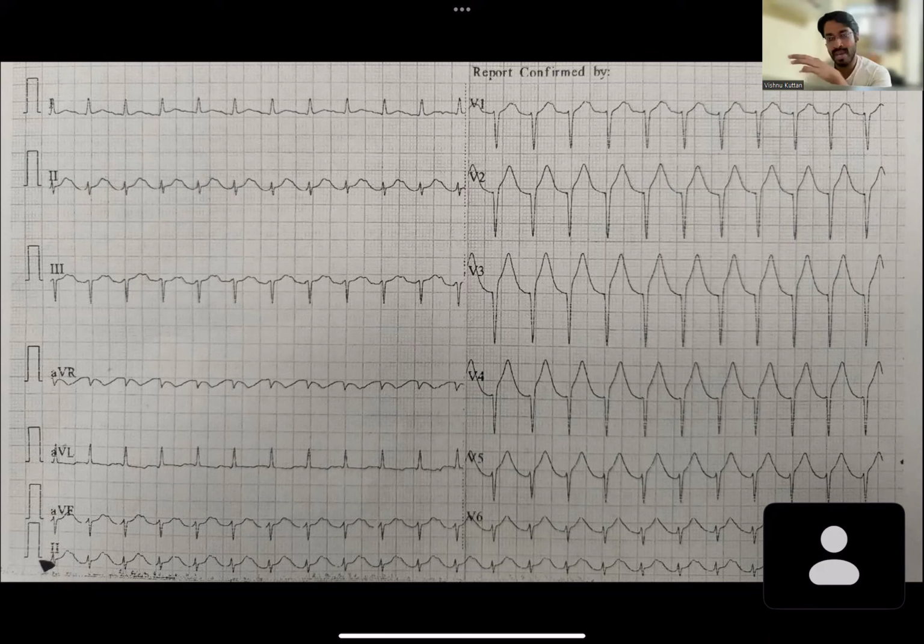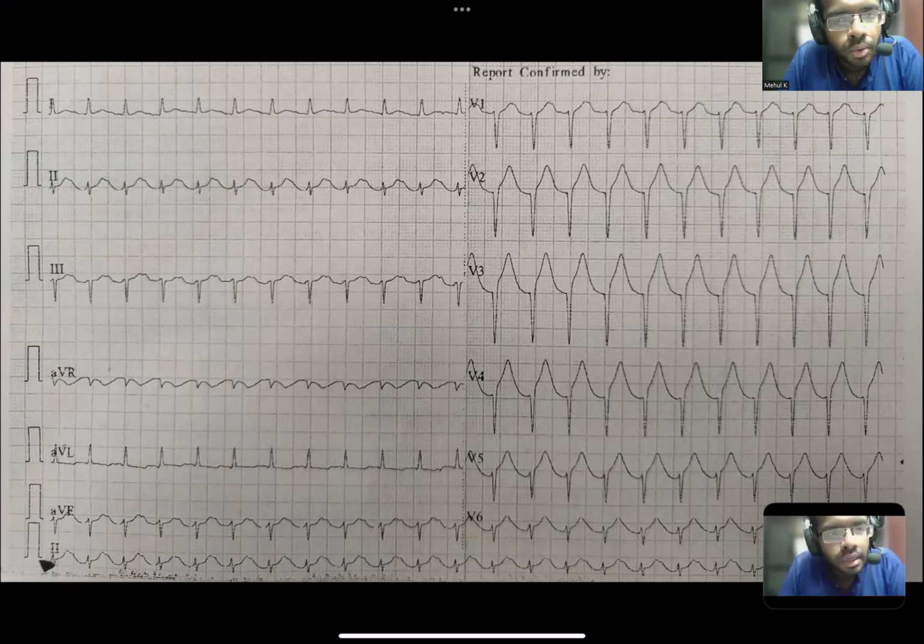Now, Mehul sir, do you have anything else to add to the ECG other than a PSVT? Because this is important later on in the case. If you're looking at lead 2, I am seeing some bumps on top of each T wave, which are suspicious for possible P waves.